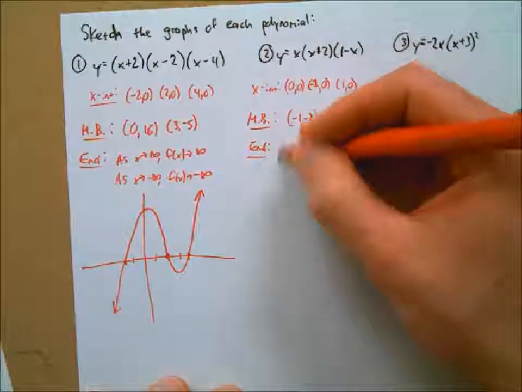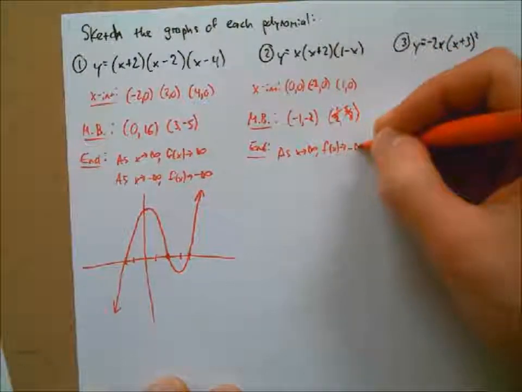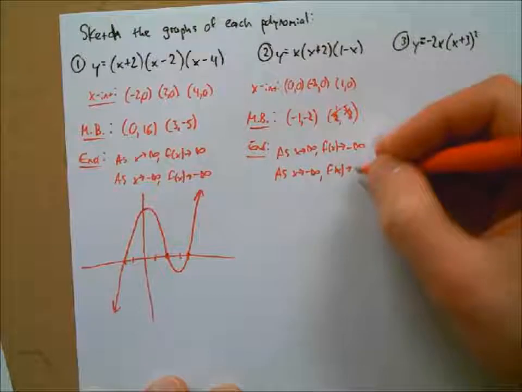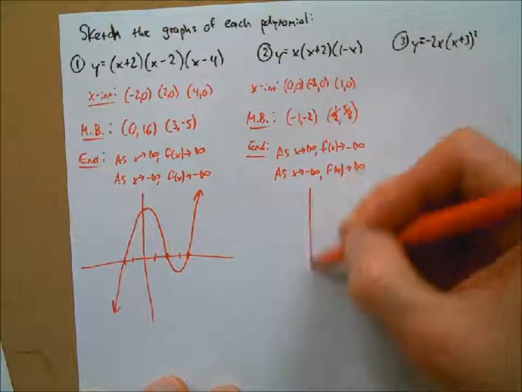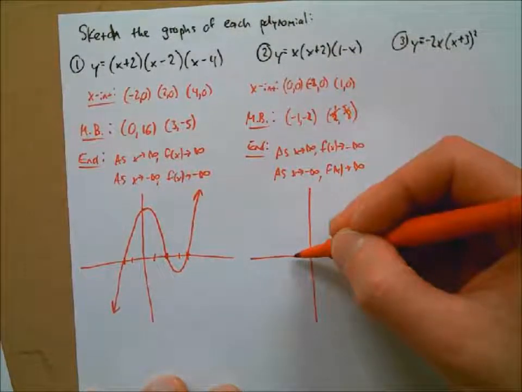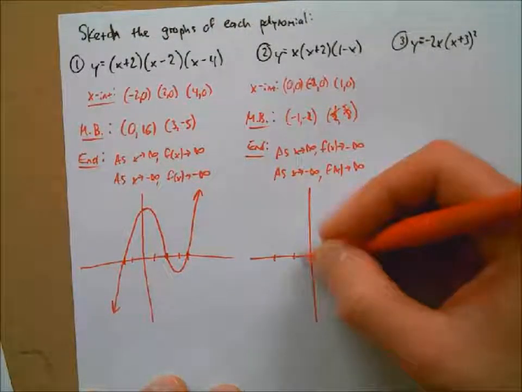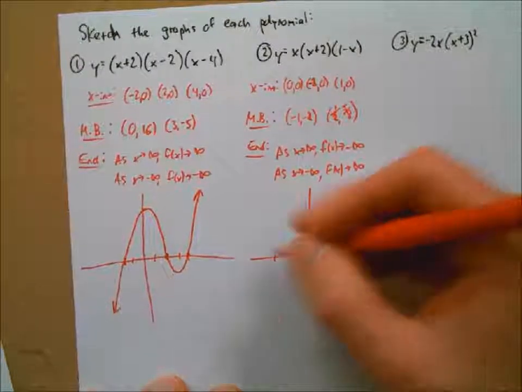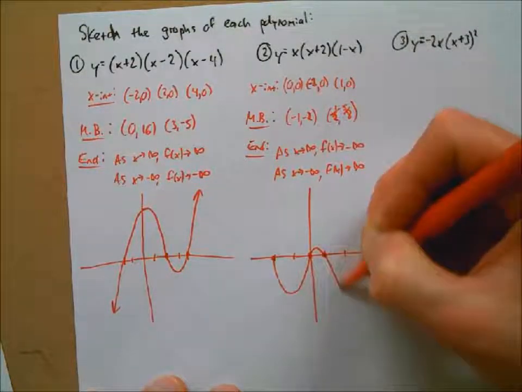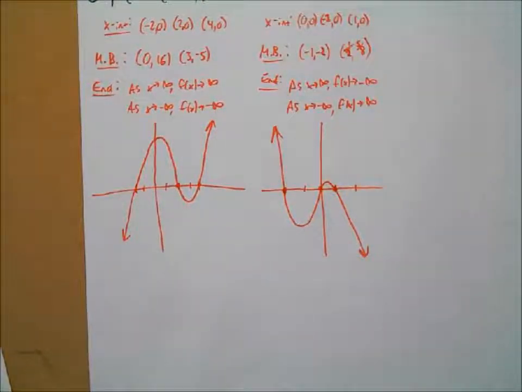End behavior here. So let's see here, -1, 1. Okay, so (0, 0), (1, 0), (-2, 0), and it's going to look something like that. Okay, so that's the shape of your graph for number 2.